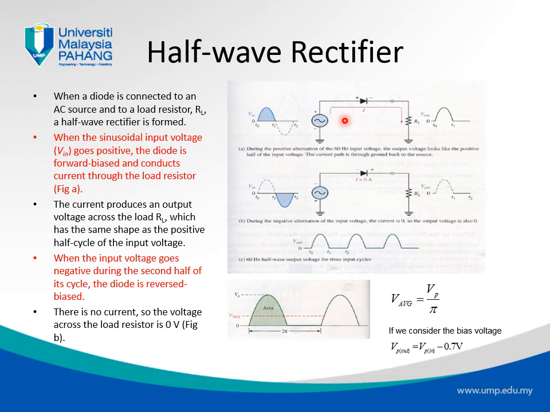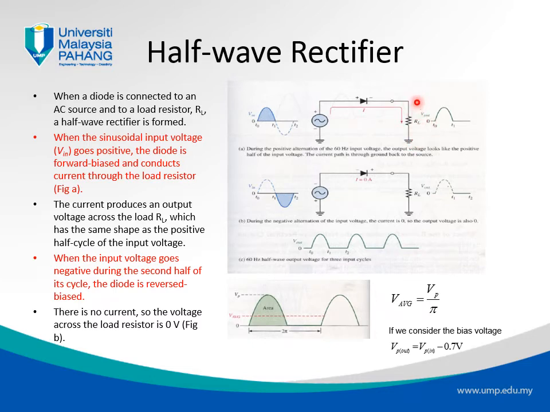So a half-wave rectifier. As I've explained just now, if at the input we have a sinusoidal signal, when the waveform is on the positive side, the diode is in a positive bias position, it will allow the current to be conducted through the circuit and get into the load.